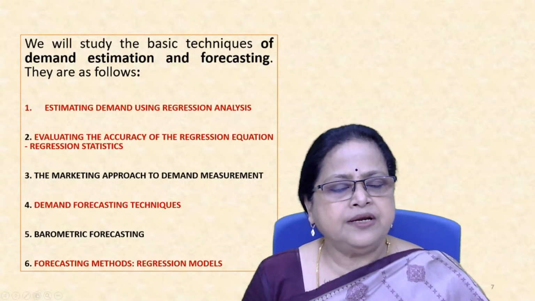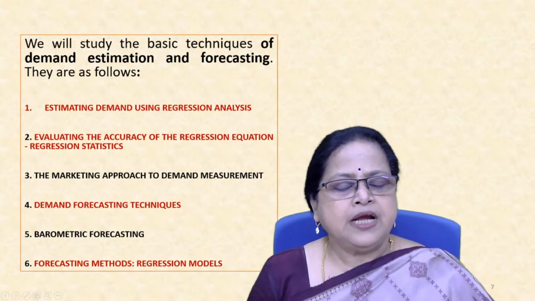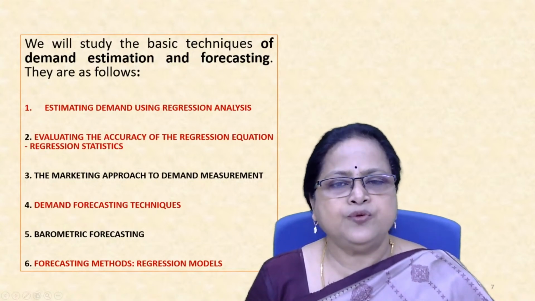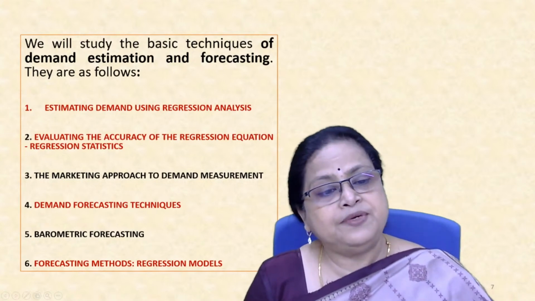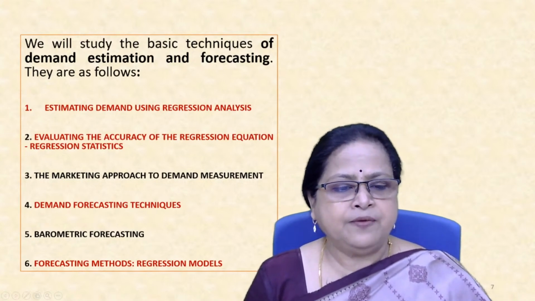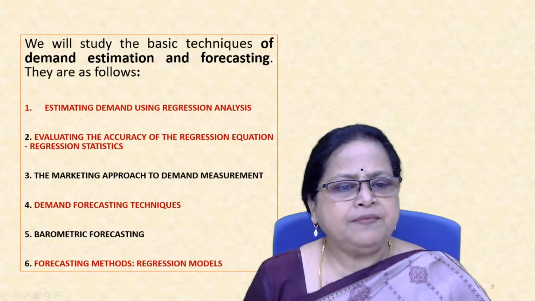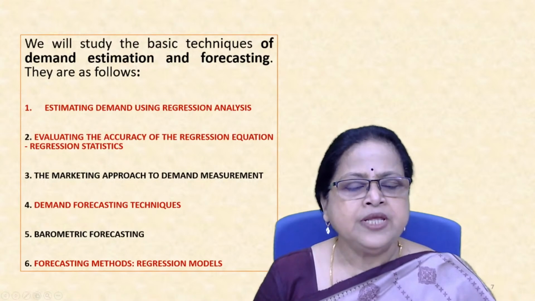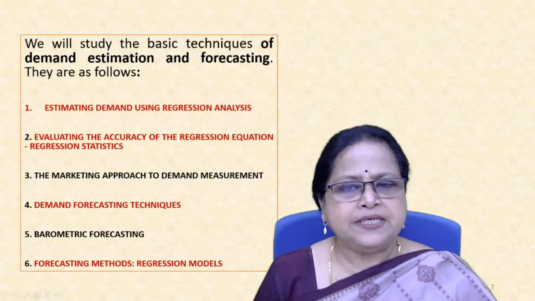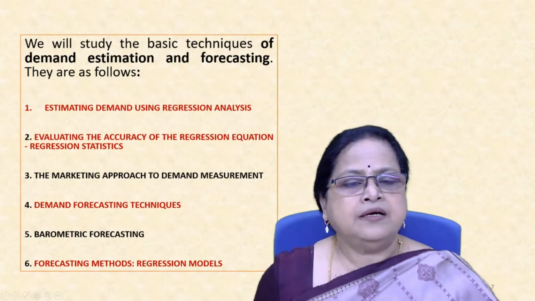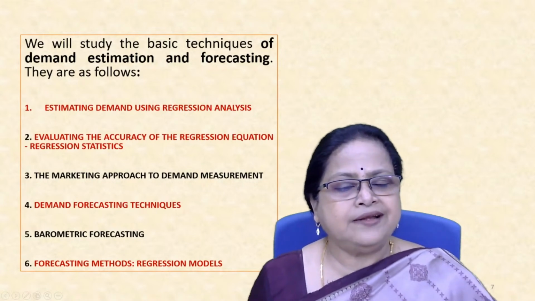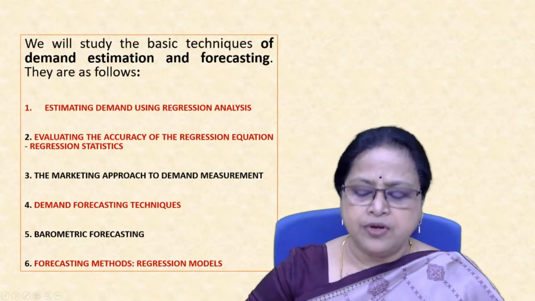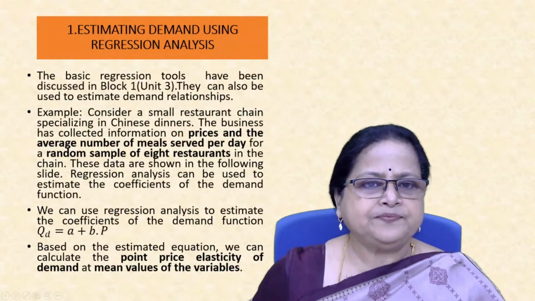Those which are written in red letters, I will discuss first. Then, if time permits, I'll come back to barometric forecasting. Part of the marketing approach I am also going to tell you now because that involves forecasting. Other parts, if time permits, we'll go for, because today's entirely quantitative part should be understood very clearly by all of you.